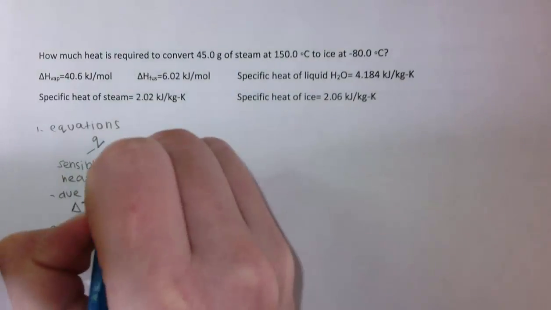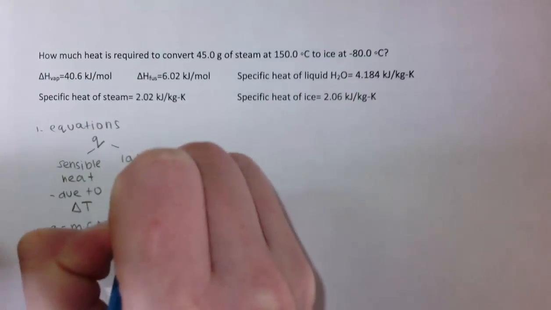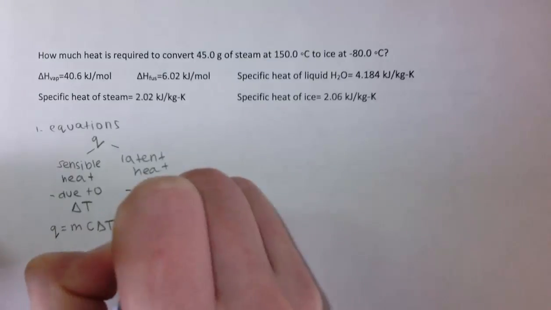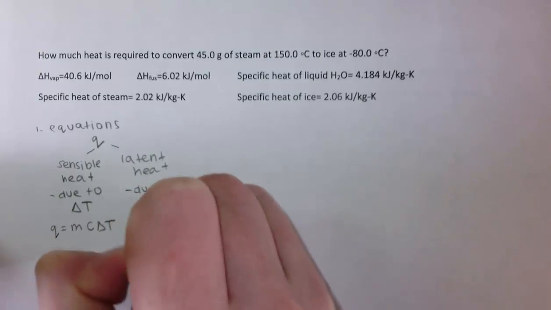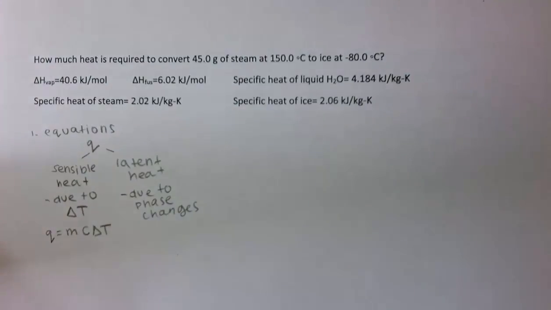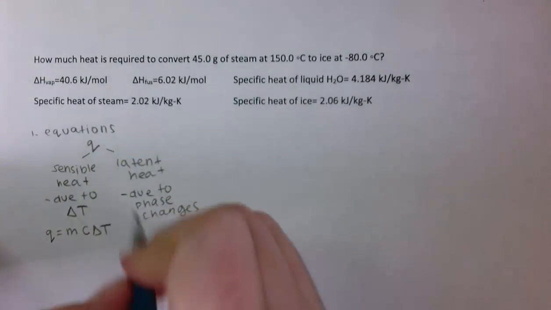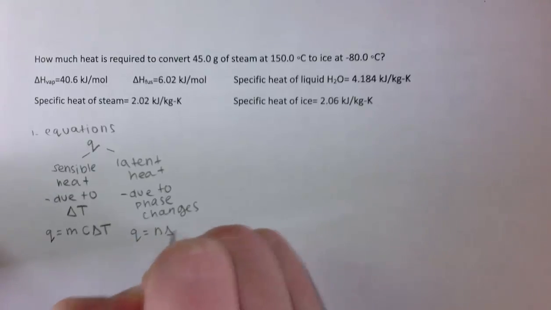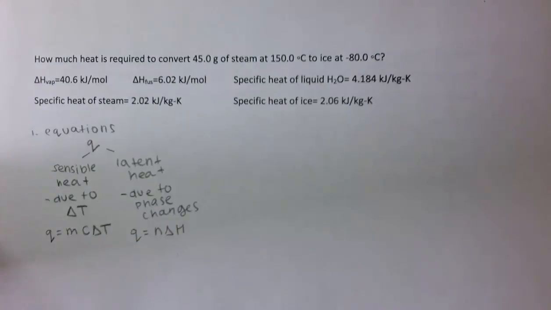And then on the other hand, we have latent heat. And this is due to phase changes. So in this case, our Q formula is going to be n times delta H of whatever phase change may be occurring, such as vaporization, heat of fusion.